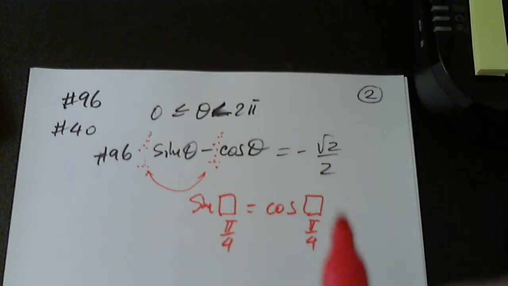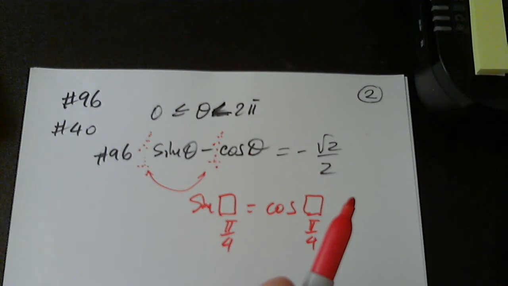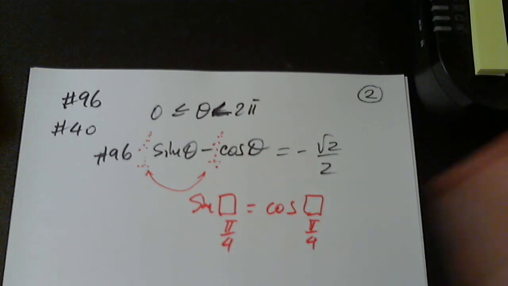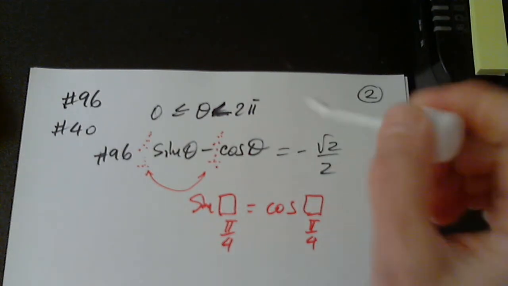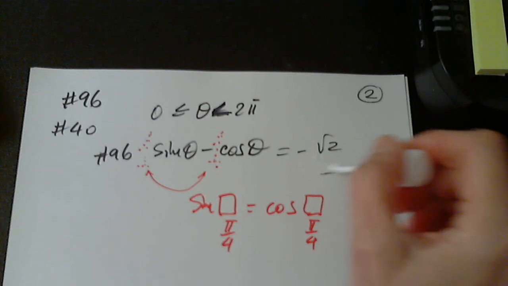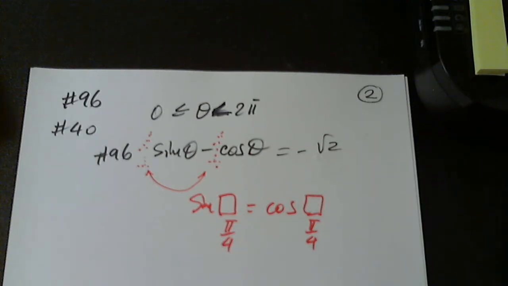So that's... only negative square root of 2, not negative square root of 2 over 2. Oh, I have a very nice way of inventing stuff, right? Thank you. I don't know why I copied negative the square root of 2 over 2. Thank you very much. So back to the problem.